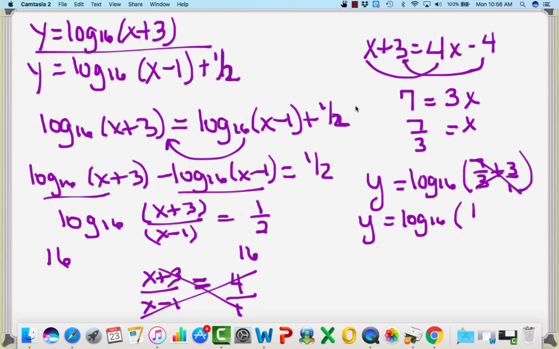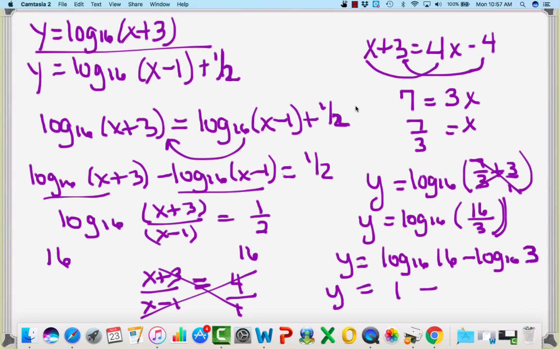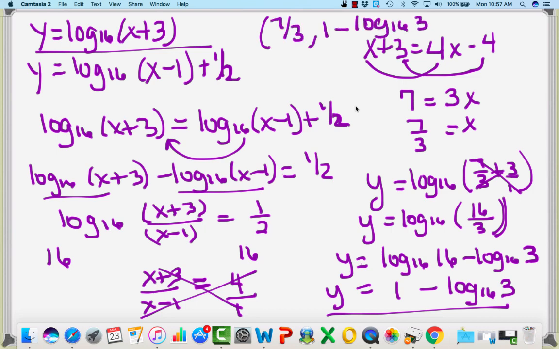But that is the same thing because it's log base 16, and then I've got a 16 as the log base 16 of 16 minus log base 16 of 3. But log base 16 of 16 is 1, and log base 16 of 3 doesn't simplify, so we'll just leave it, log base 16 of 3. So that's going to be the value I'm going to have for y. So my ordered pair was x was 7/3 and y was 1 minus log base 16 of 3.